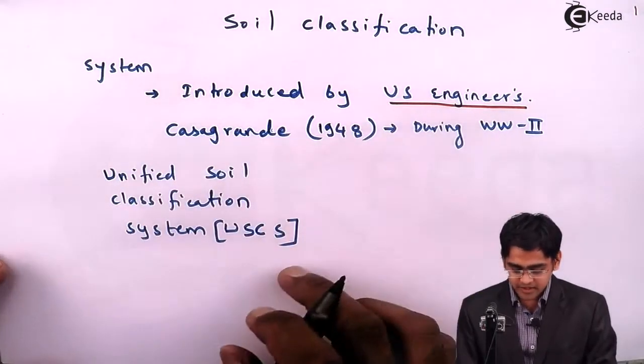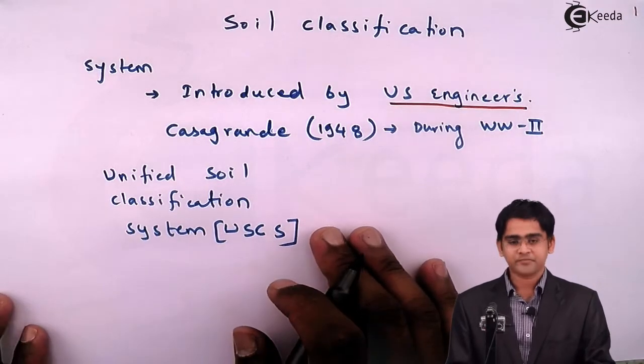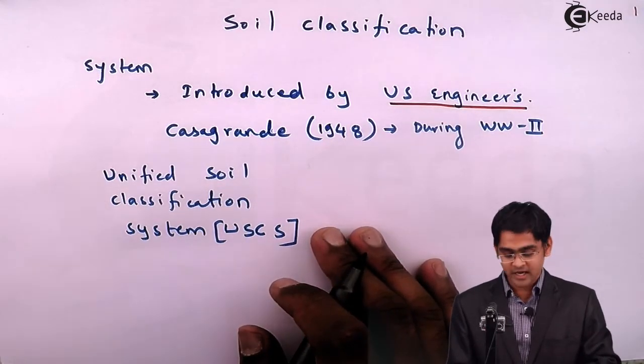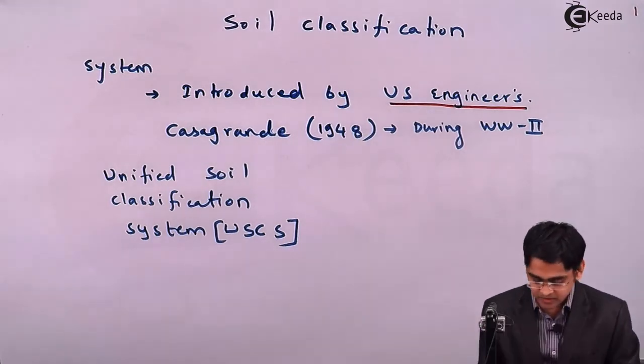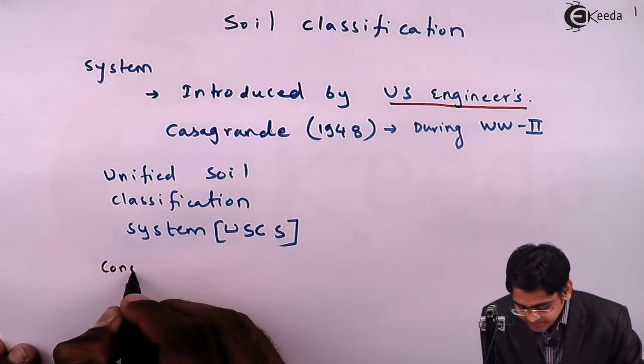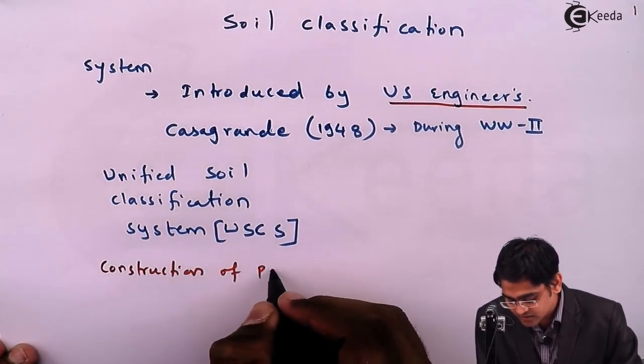And this particular soil classification system is particularly meant for highway construction or airfield construction pavements. It is particularly useful for construction of pavements, where the soil is used as a construction material.